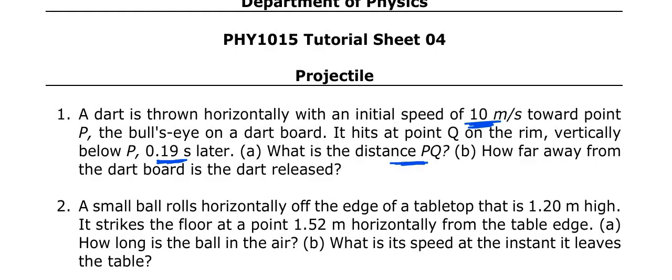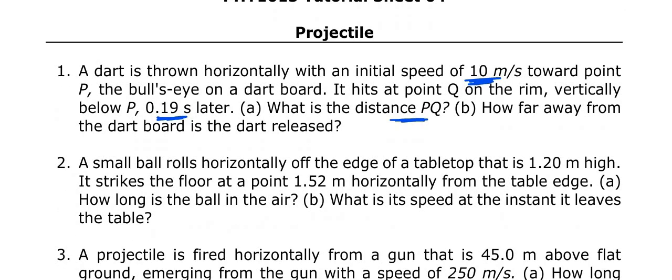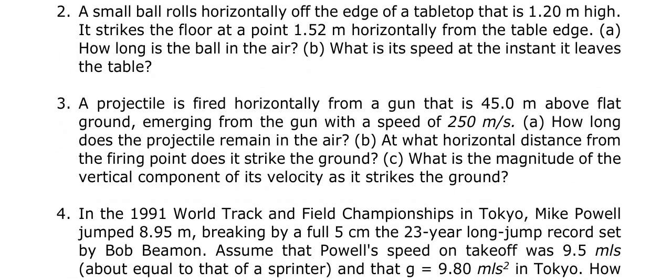Okay, so let's go to question 2. I think they actually reversed the things. It's the same thing, but they just changed how they phrased it. Here they're saying a small ball rolls horizontally off the edge of a tabletop that is 1.2 meters high. So they've already given us the height.